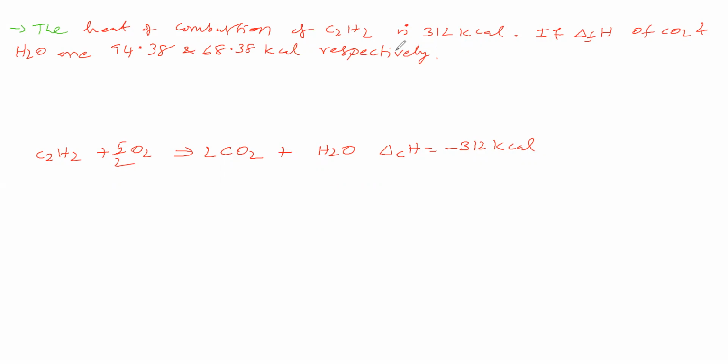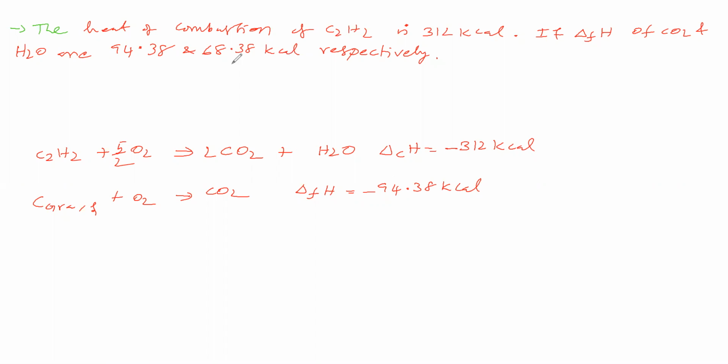Here what they are saying is the heat of formation of carbon dioxide. Formation of carbon dioxide means CO2 is the product, and on the left side are the constituent elements, graphite solid and oxygen. This is called heat of formation of CO2. The value given is 94.38 kilocalories. It is also called combustion of graphite. Combustion of graphite is exothermic, therefore we have to write a negative sign.